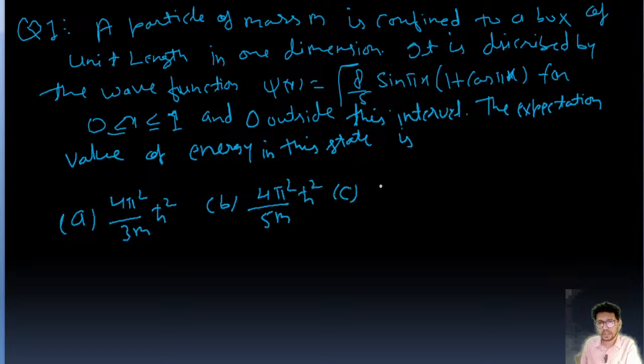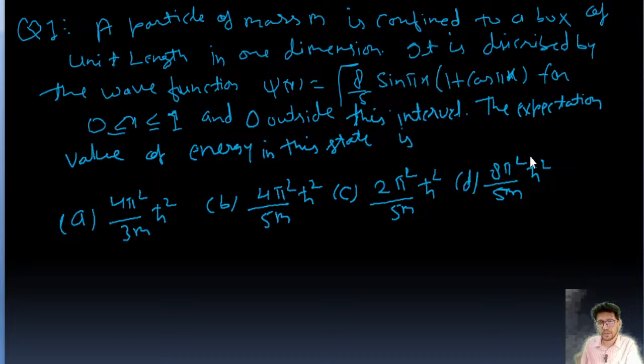Option C is 2 pi square upon 5m h cut square, and option D is 8 pi square upon 5m h cut square. Okay, so these are the options. Well, so we'll solve it now.